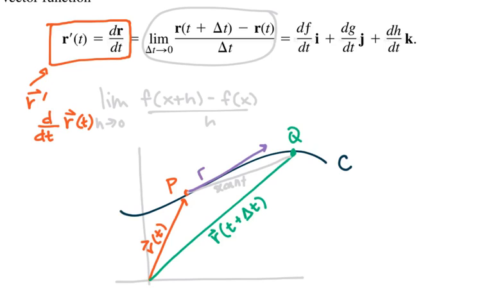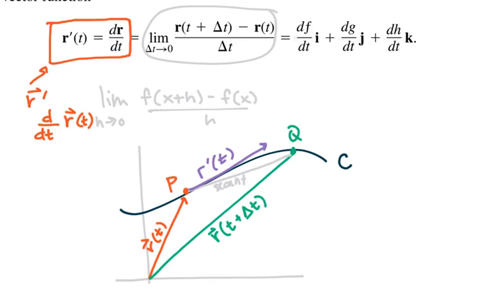r prime of t, this tangent vector, is tangent to the curve at that moment, right, at P. So r prime of t is a vector tangent to the parameter curve at the tip of r of t.